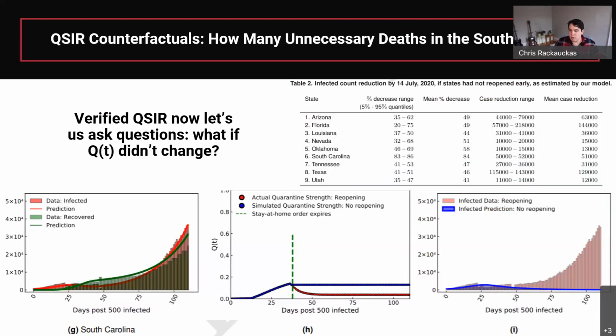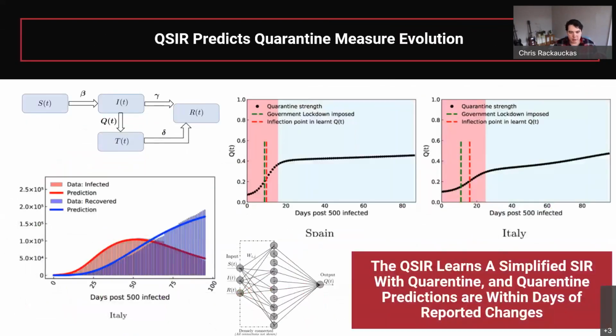Essentially, we took this QSIR model and used it to learn the quarantine term. And then there was a time in the southern United States in the summer of 2020 where quarantine was effectively disabled. Everyone was basically told you don't need to quarantine anymore, right? There were all these Trump rallies, et cetera, from which this all occurred.